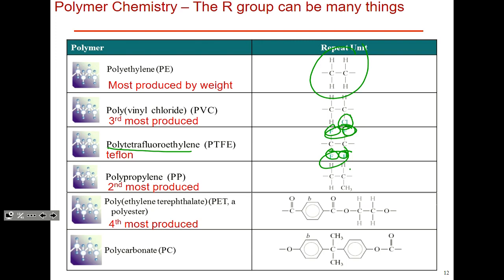But you won't get a question like, what happens if I change one F to a Br? Now name it. That's not the point of this class, okay? So you're not going to get some question like that. But if you get a question like, if there are 500 repeat units of PTFE versus 200, which has a higher melting point, that property I would expect you to know.